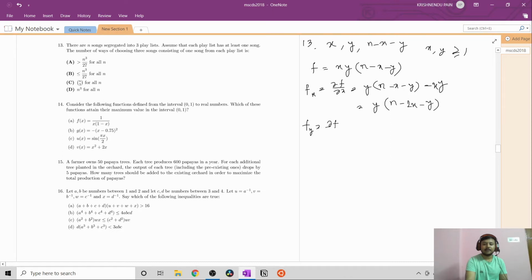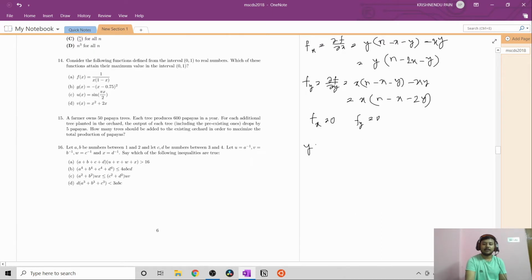Similarly fy, del f del y, is x into n minus x minus y minus xy. We'll take x common, x into n minus x minus 2y. If we equate these with 0, fx equal to 0, fy equal to 0, then we will get y into n minus 2x minus y equal to 0 and x into n minus x minus 2y equal to 0.